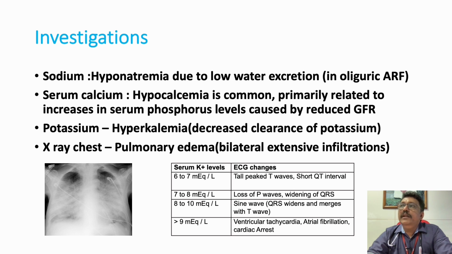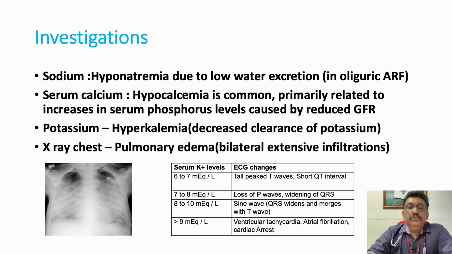Here it is an acute elevation, and the patient can have ECG changes: tall T waves, PR interval prolongation, QRS prolongation, QT prolongation, finally sine wave pattern, bradycardia. So many complications can occur due to hyperkalemia.